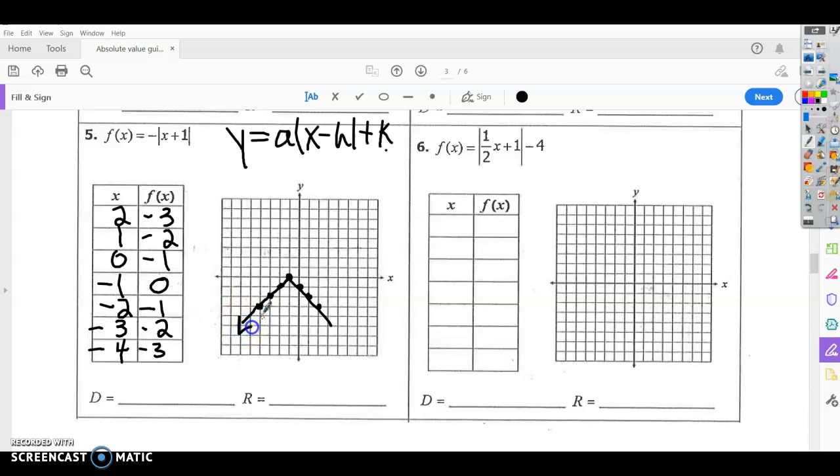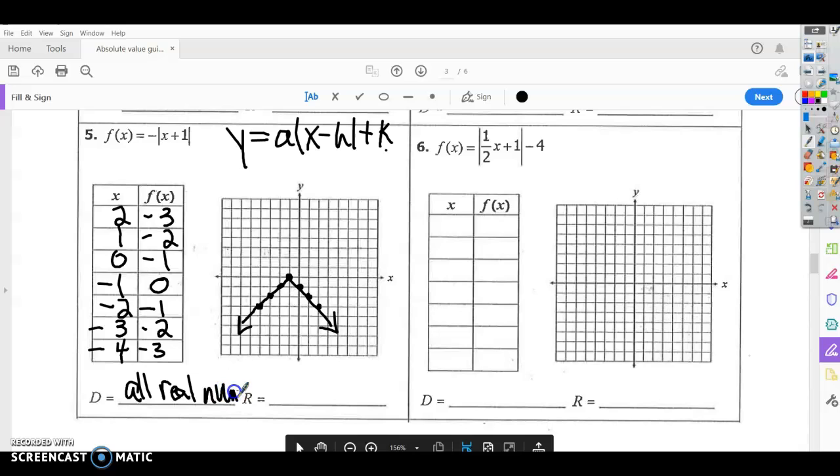We can draw arrows because if we continued our table in both directions, it would continue on. So the domain goes from left to right with the arrows. Those would be all real numbers. I'm going to erase that and try to write it a little neater.